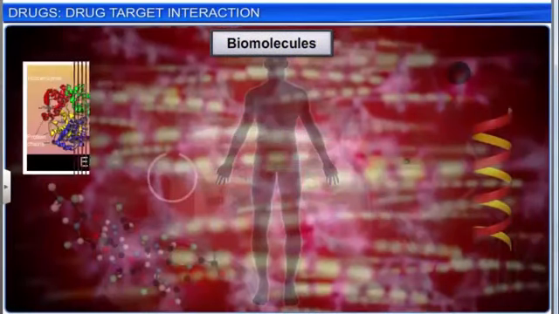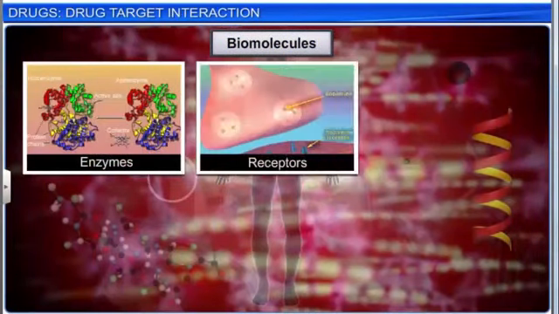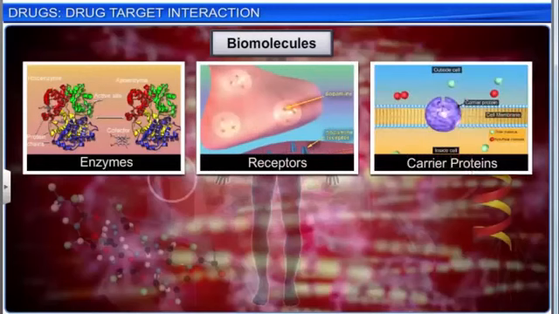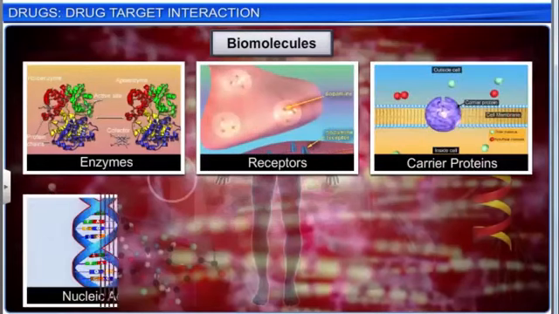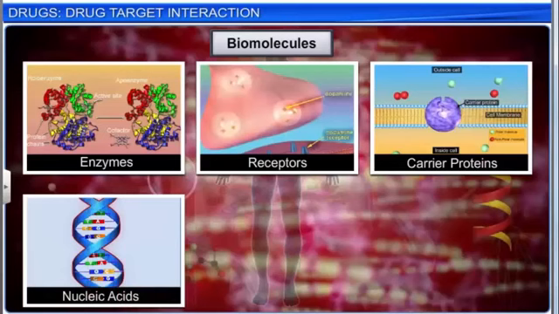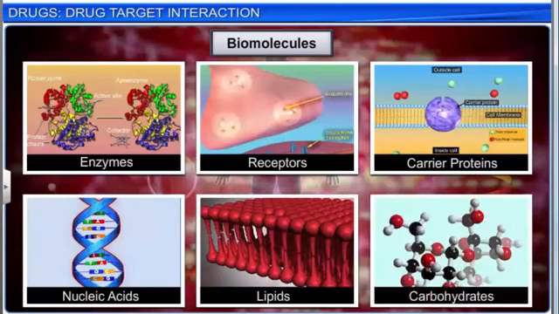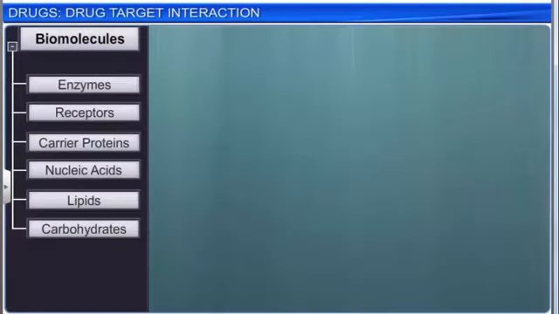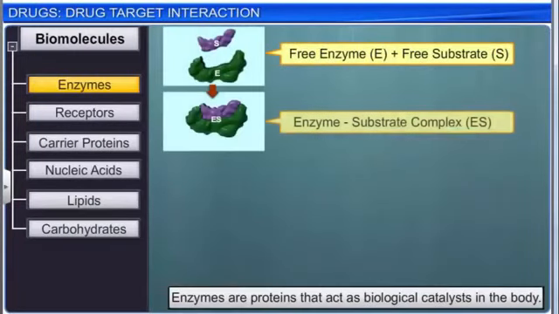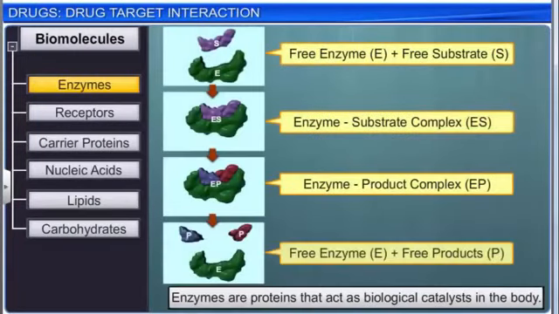Biomolecules such as enzymes, receptors, carrier proteins, nucleic acids, lipids, and carbohydrates perform various functions in the body. Enzymes are proteins that act as biological catalysts in the body.